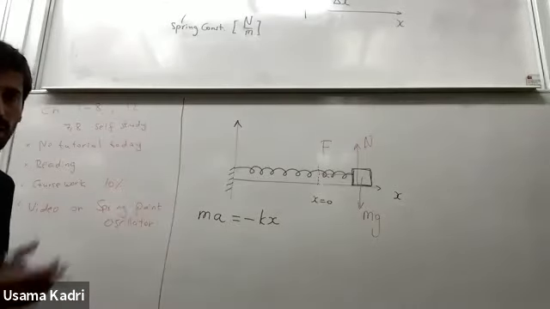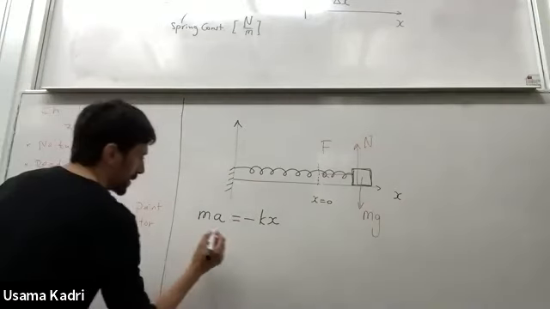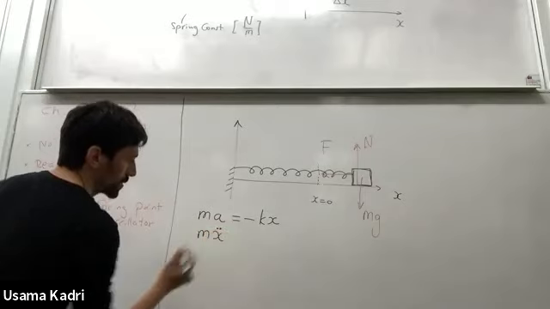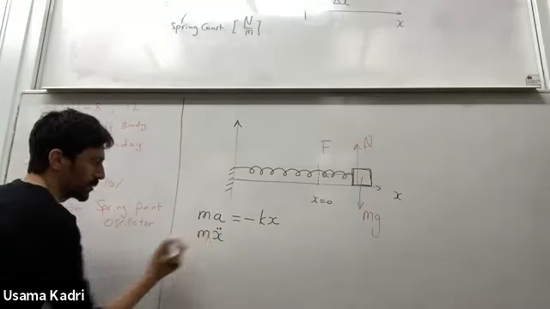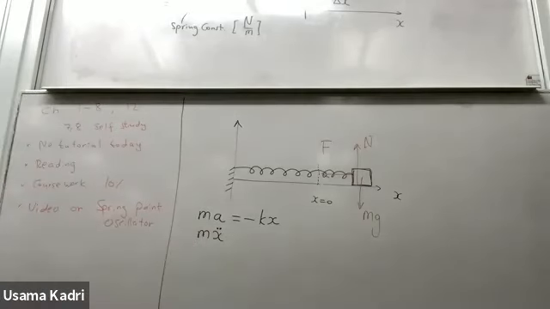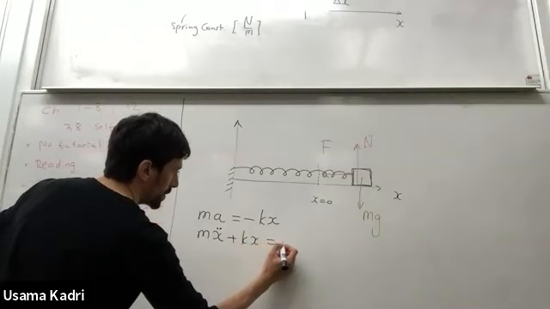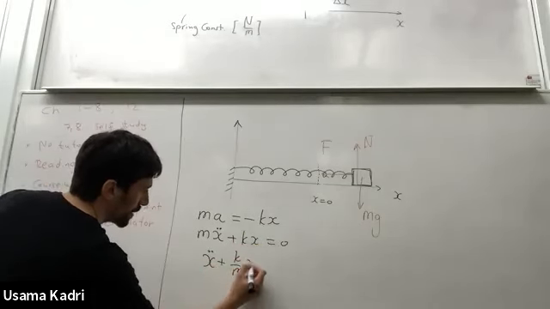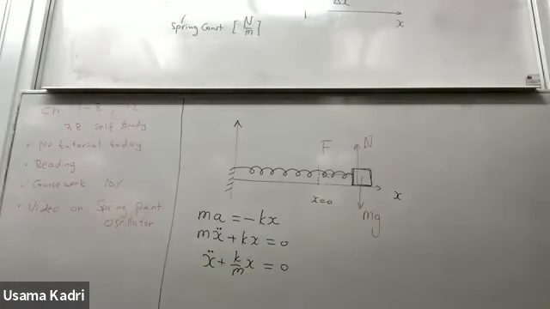Well, what is a? a is the second derivative of position in time. So I'm going to write it as m x double dot. So instead of writing d²x/dt², I have two dots here. This is the second derivative in time. I'm going to bring this to the other side, plus kx equals 0, x double dot plus k over m times x equals 0, after dividing by m.